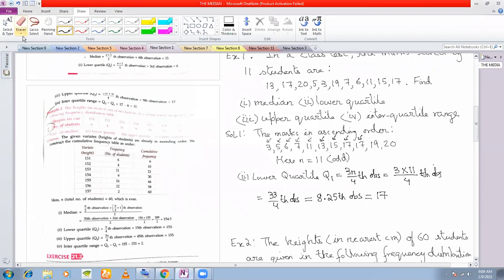Lower quartile is not 3n by 4. It is n by 4. Not 3n by 4. My mistake. So 11 by 4th observation, which is 2.75th observation. 2.75th observation means the third observation.